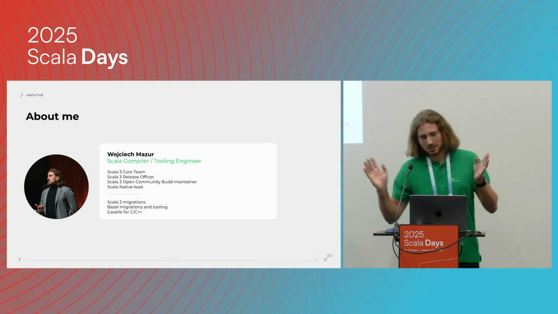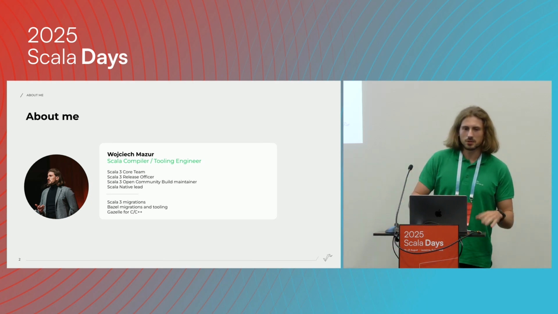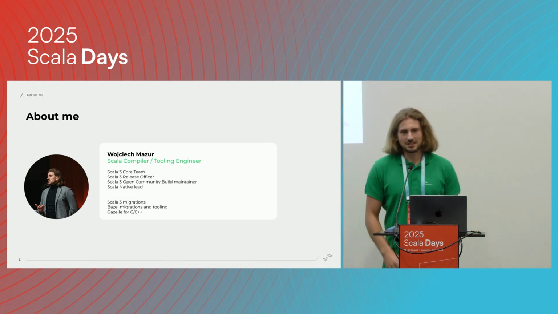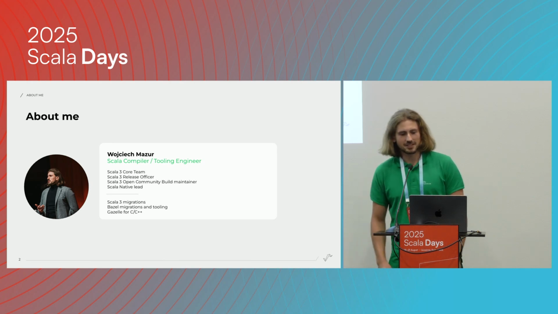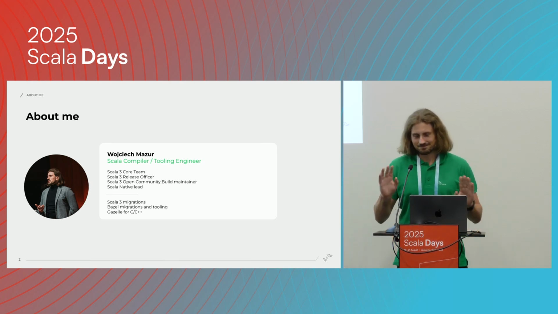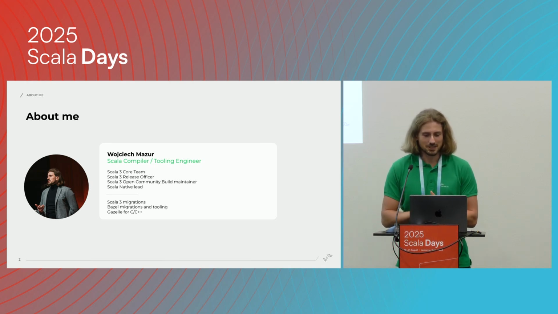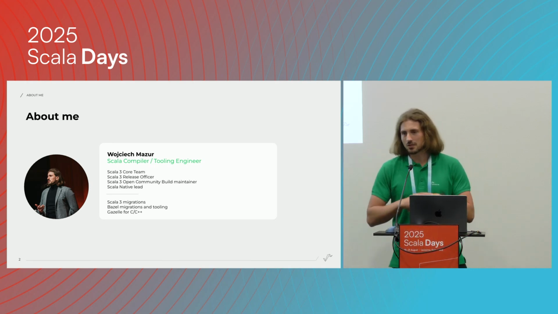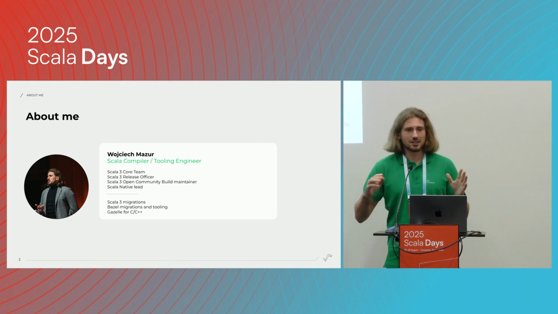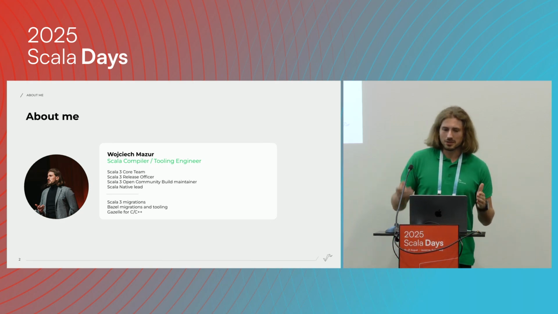Also, something about me: I work on the compiler, doing the releases of Scala 3, so some blog posts, and sometimes some not very nice releases. We had some bad times as well. But also making sure that there are no new regressions in the compiler. In my free time, I'm also doing some work on Scala Native.